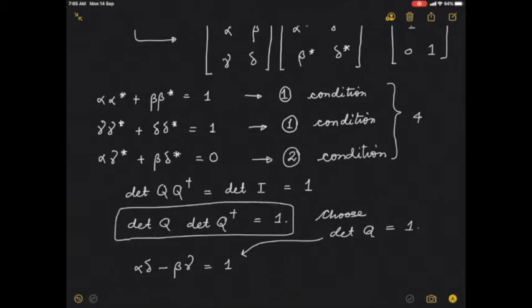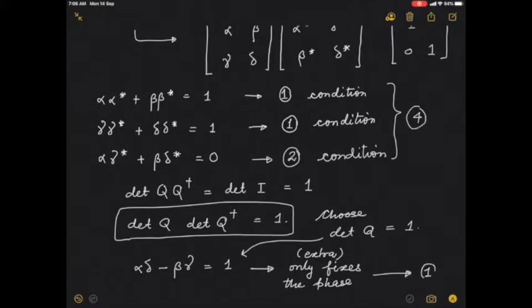The magnitude of the determinant is already fixed by the earlier conditions, so this only fixes the phase. It actually fixes both the phase and amplitude, but the amplitude is already fixed by these four conditions. So this gives you one more independent condition, and that becomes the total of 5 conditions.